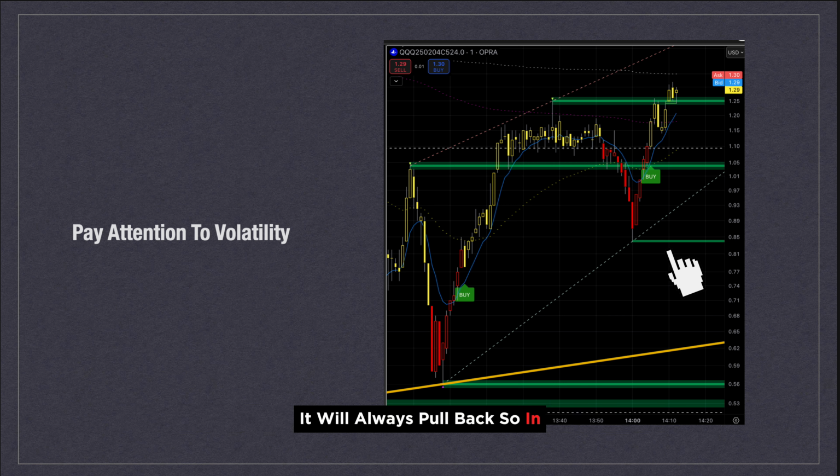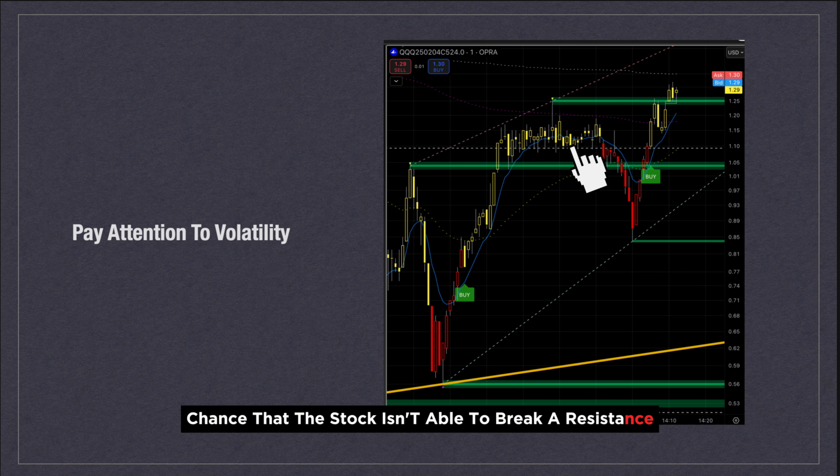So, in any type of option day trading, it's always really bad when the option starts going sideways because there's a much more likely chance that the stock isn't able to break a resistance.